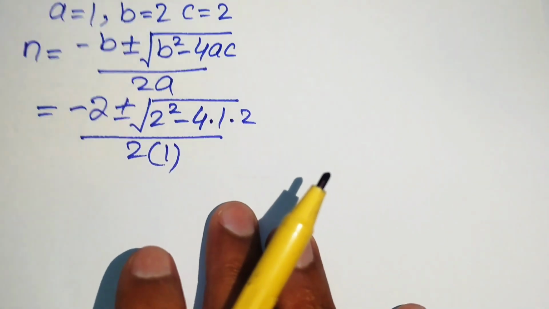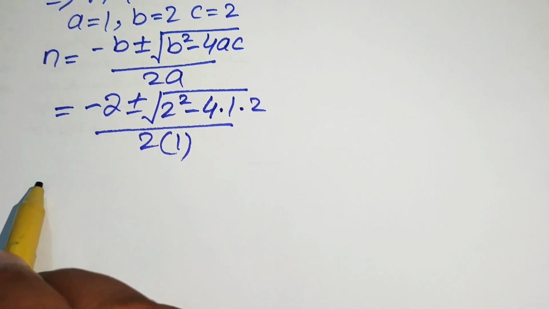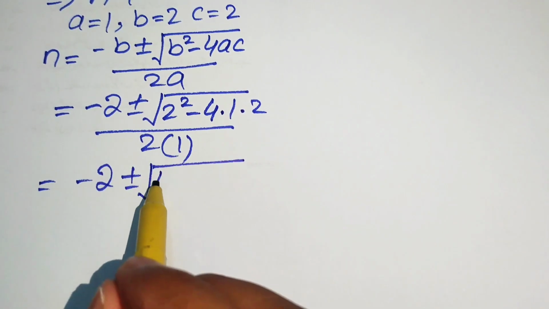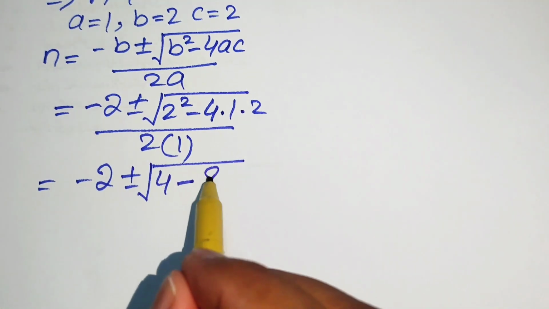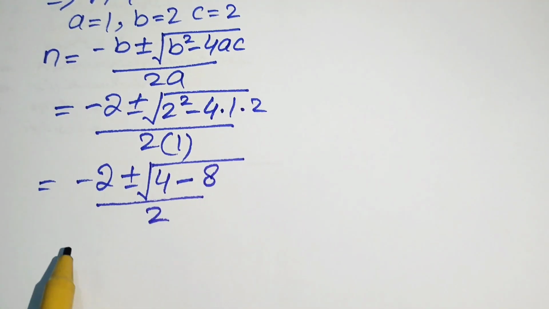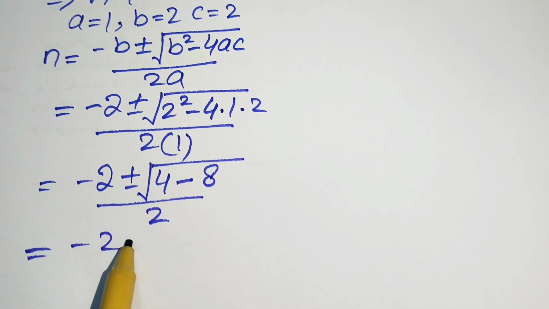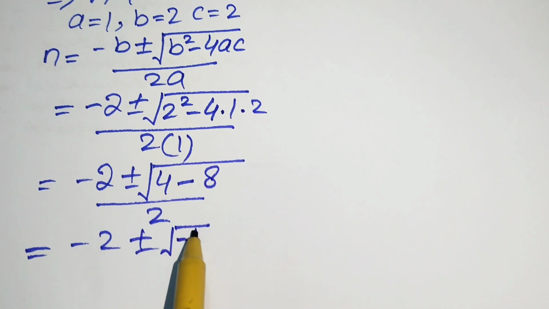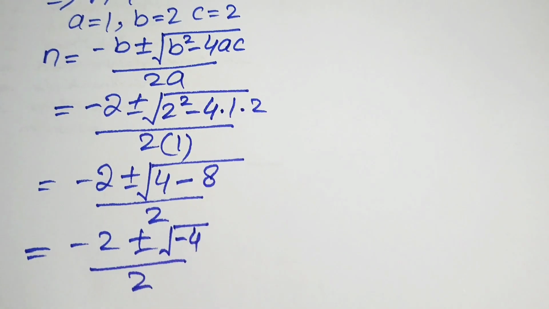And now we have minus 2 plus minus square root of 2 square becomes 4, and 4 times of 2 is 8 divided by 2. So here we get minus 2 plus minus square root of 4 minus 8 becomes minus 4 divided by 2.